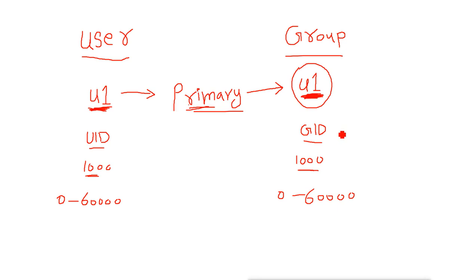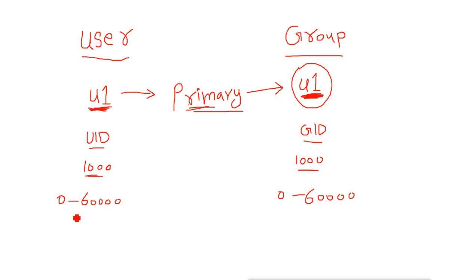For example, we already have a group with GID 1000 and no user with that ID. When we create the user, it will get the UID 1000, but GID 1000 is not available because a group already has it. So the primary group created with this user account will get another GID, for example 1001. It will go sequentially. But by default they both get the same UID and GID.